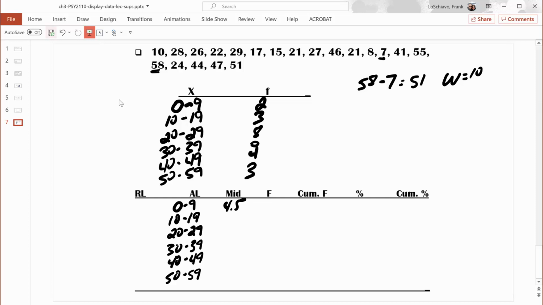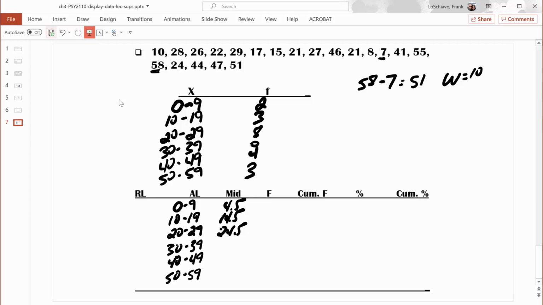Let's look at that next interval. 10 plus 19 equals 29, and 29 divided by 2 equals 14.5. That's the midpoint. The next interval, 20 and 29. If you add those together, you get 49. If you divide that by 2, you get 24.5. And you start to see a trend emerge.